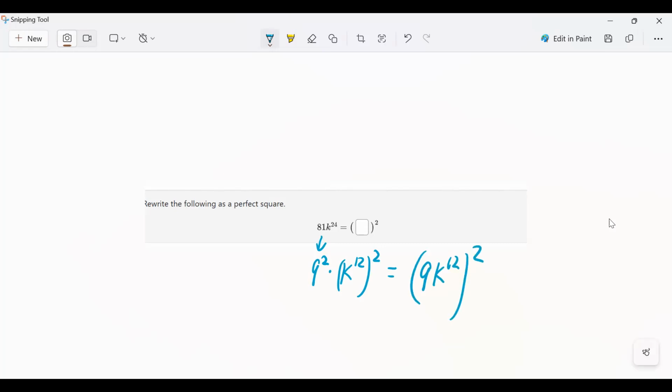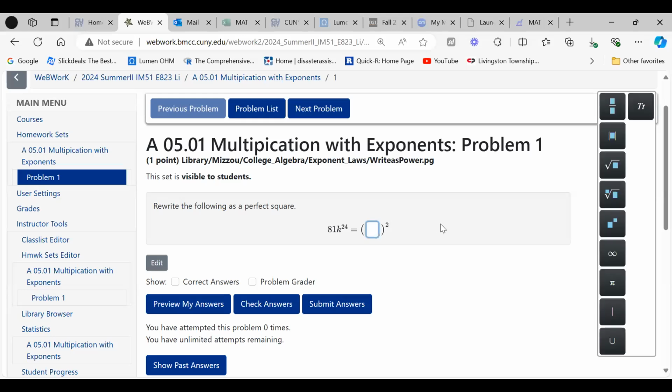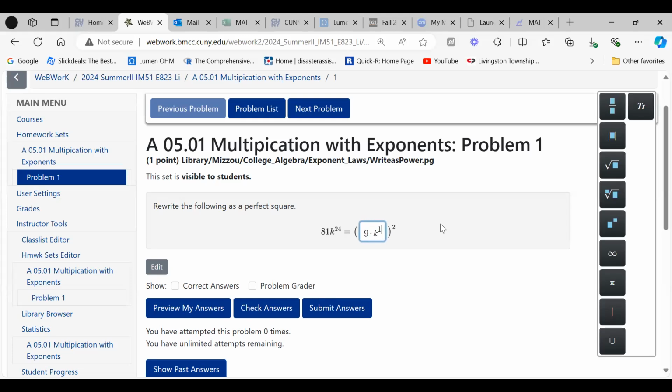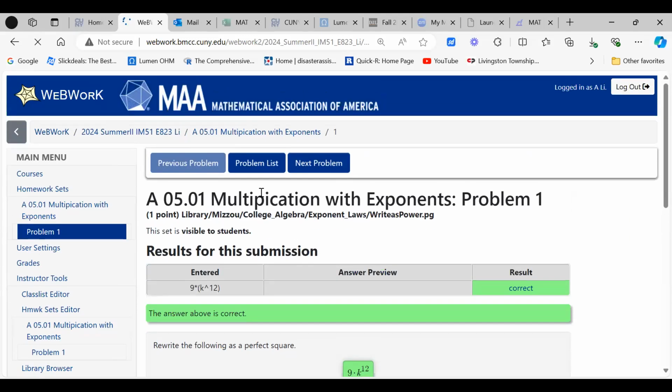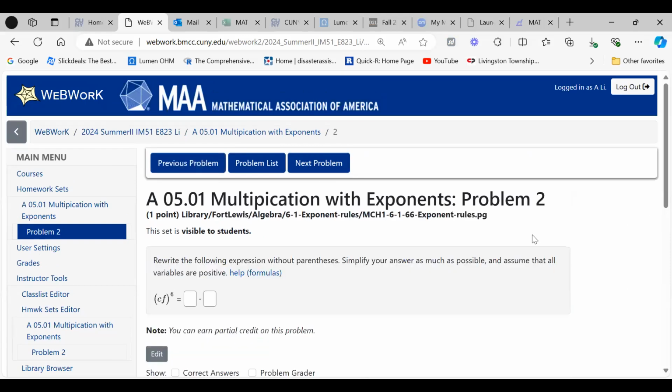The answer is 9k to the 12 raised to the second power. You can expand it to double check and get back to 81k to the 24th. Any question about this? Nice, submitted, it is the correct answer.